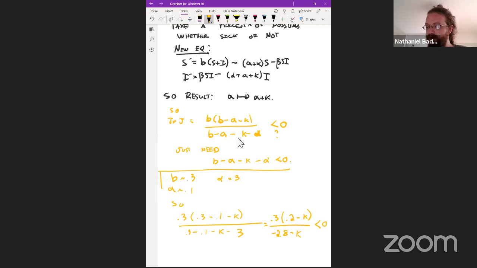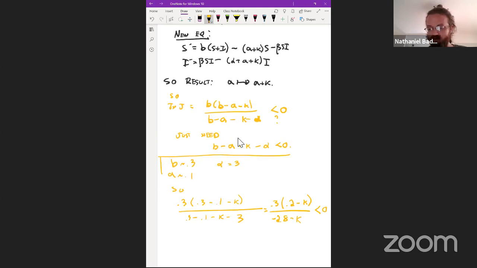And this is going to be merely less than 0 until K is greater than 0.2. Right, so as soon as K is greater than 0.2, then the sign of the numerator flips. And I apologize because I think I said the sign of the denominator when I went through this. I think I was pounding on the denominator being the thing that changes sign. In this case, it will be the numerator that changes things.